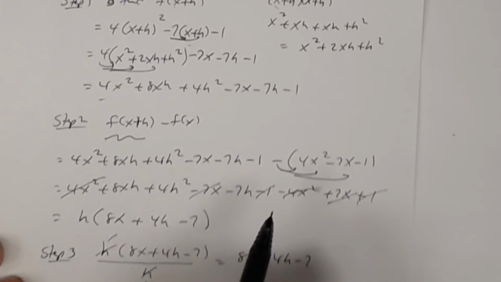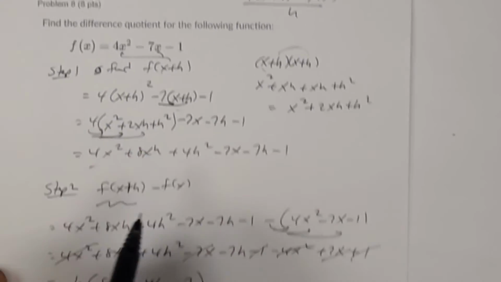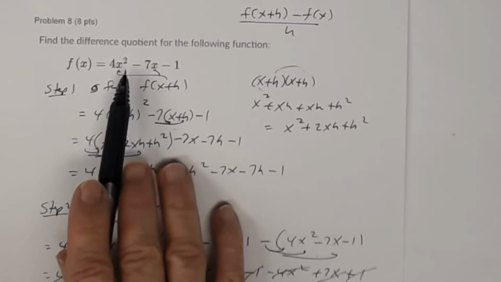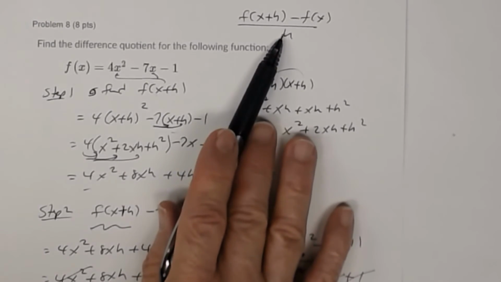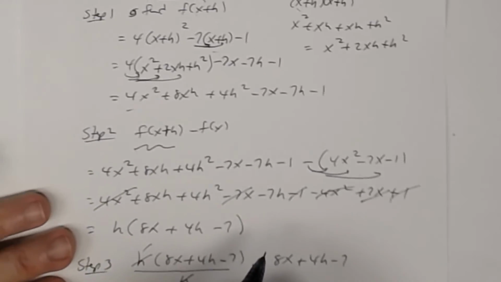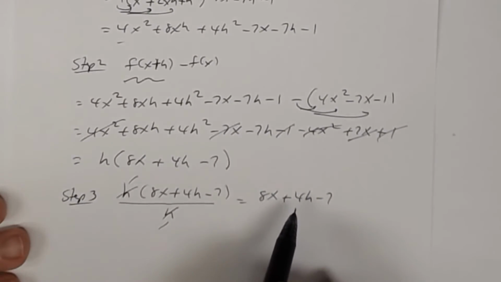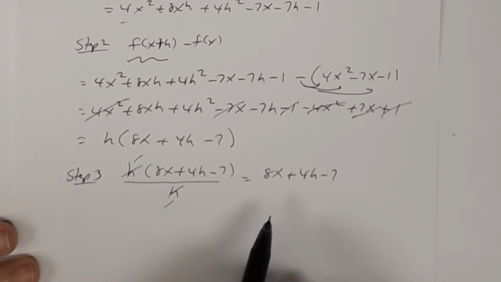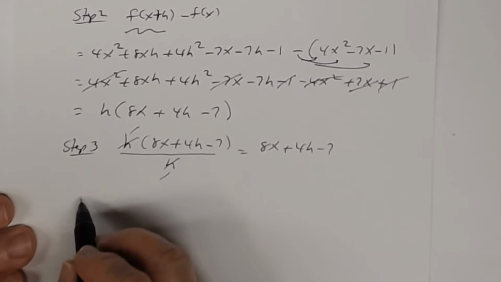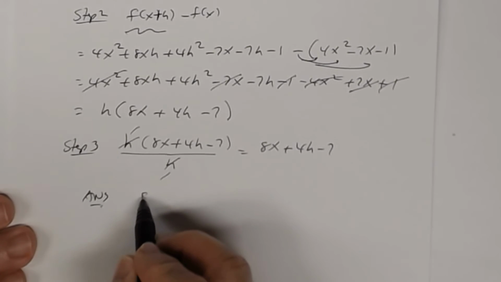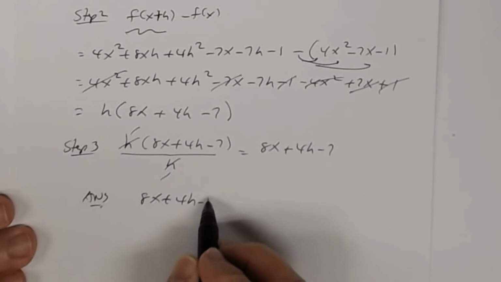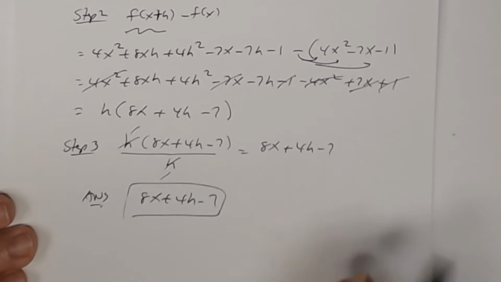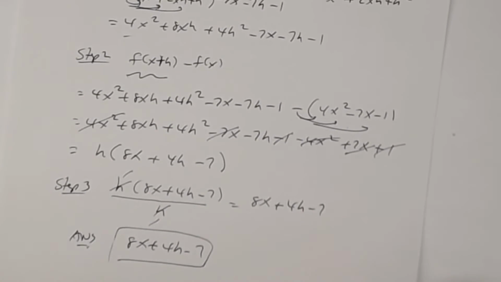And that is the difference quotient for this function. Applying this difference quotient to this function gives you this. Now this means something. You're going to learn about what that means in calculus, but that's what we have. So the answer is going to be 8x plus 4h minus 7. All right, so that's number 8.